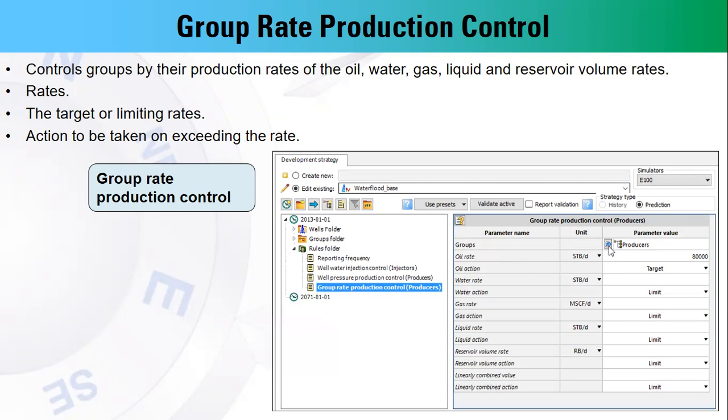We have a group of wells, and then we can define a specific oil rate, which is a target rate, and actions to be taken if this target is not achieved. We will not go through the details of this process, it's just an overview.